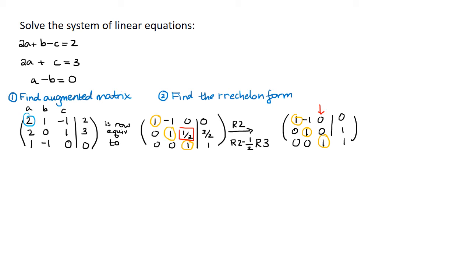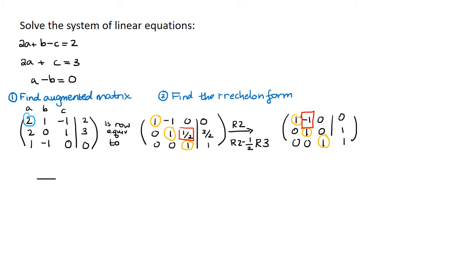Now we want to move on to the next row up, row 2, and we want to eliminate the non-zero entries above row 2's pivot. So we're going to do that by adding row 2 to row 1.